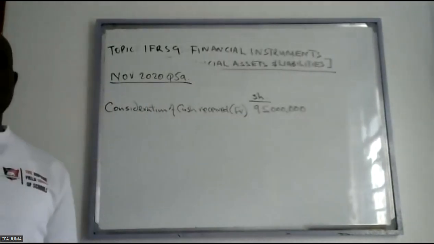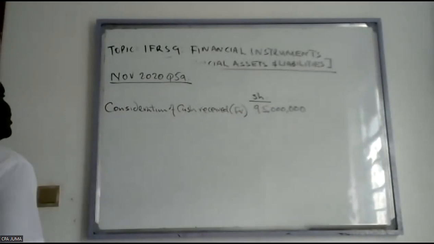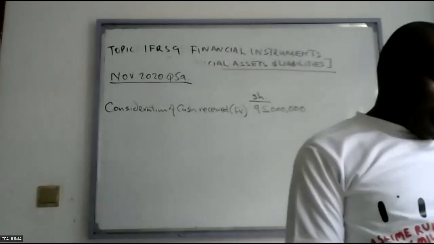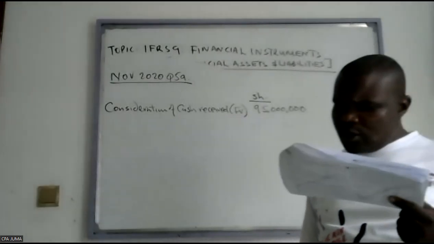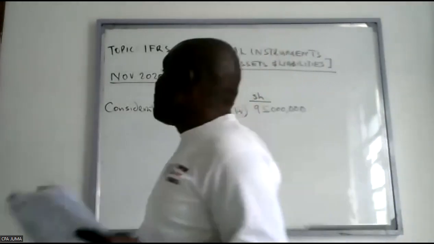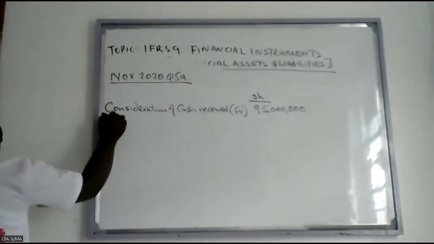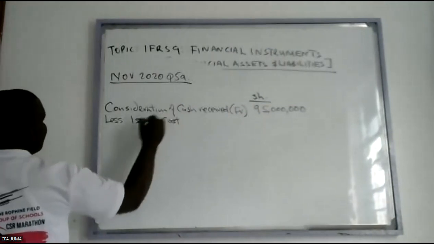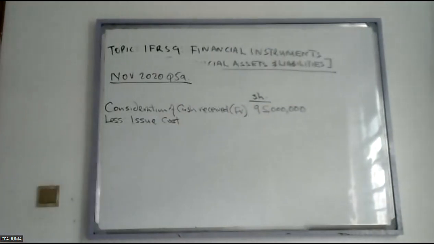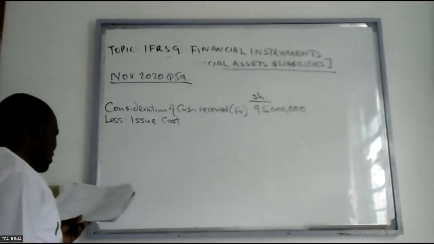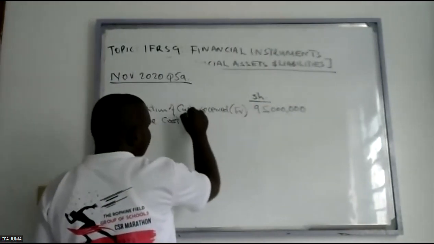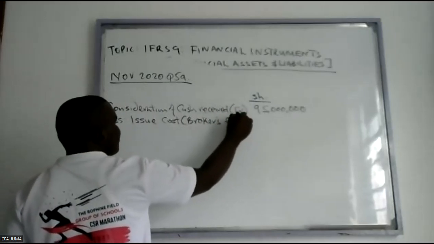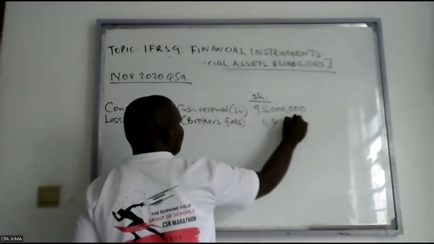Less, you received 95 and the brokers also took their share. The brokers took 1.8. So less issue cost. There was issue cost, which they incurred, of 1.8. Now this is the broker's fee, the broker's fees of 1.8 million.